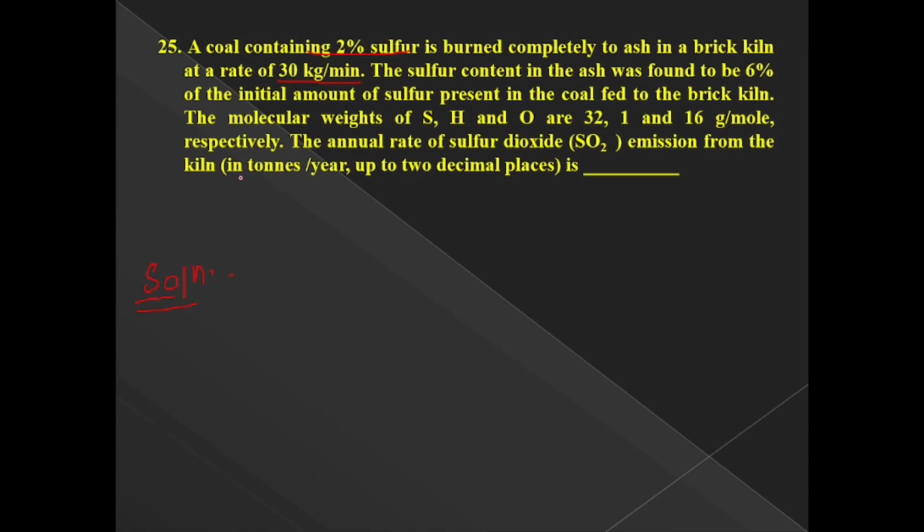Total coal burnt in the kiln we have to calculate. In a year, that is 300 kilograms per minute, multiplied by 60 into 24 into 365 days in one year.